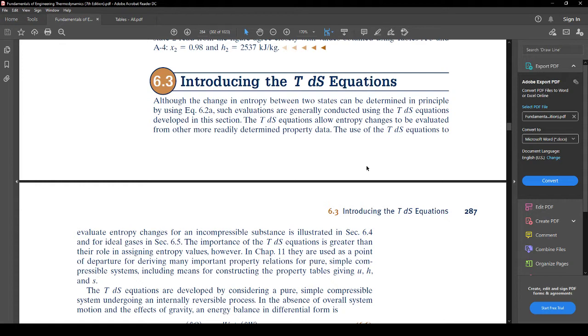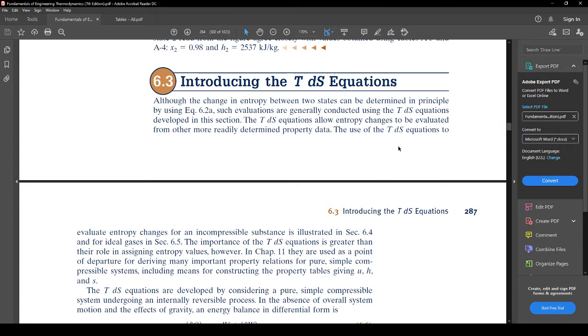It says, although the change in entropy between two states can be determined in principle by using equation 6.2a, such evaluations are generally conducted using the TdS equations developed in this section. The TdS equations allow entropy changes to be evaluated from other, more readily determined property data.